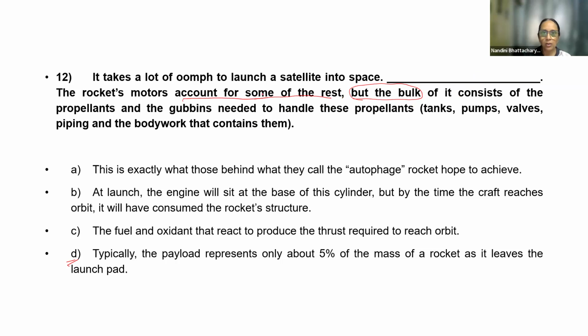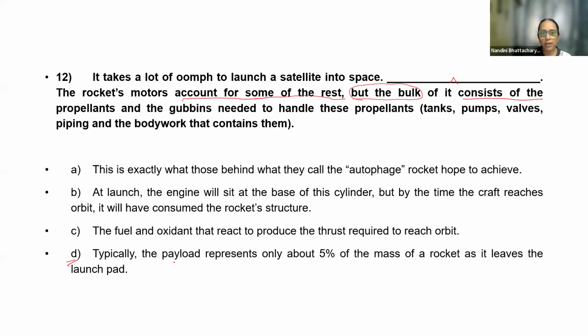Now, more specifically, if you look at it, the rocket's motors account for some of the rest, but the bulk of the mass of the rocket consists of something. So what are we talking about? The weight. Basically, something has to come in related to the weight of the rocket, right?